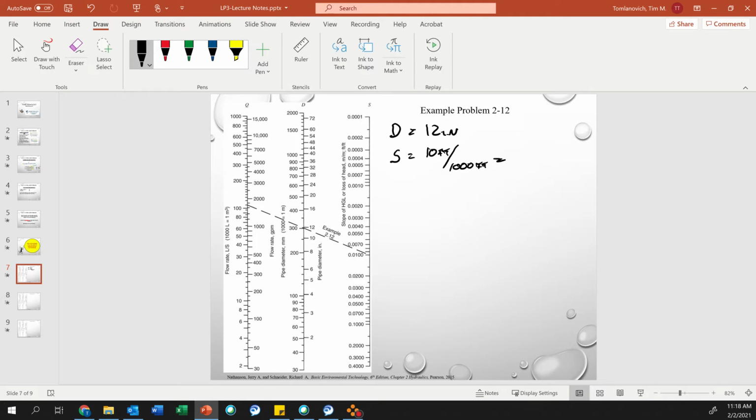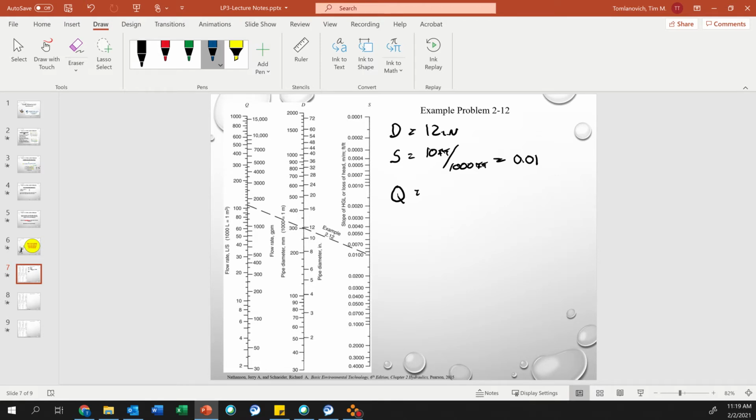So our slope, our hydraulic grade line slope, 10 divided by 1,000 is 0.01. Determine the flow rate. So it's asking us to find Q.